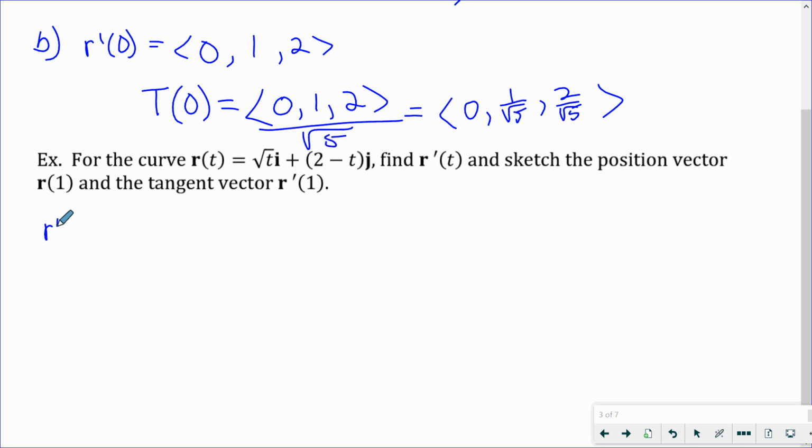I want you to find me r prime of t, and let's put it in this vector format again. So you find me r prime of t right here. Ooh, but it's only 2 parts. So let's not put the third because we're going to sketch it in 2 dimensions.